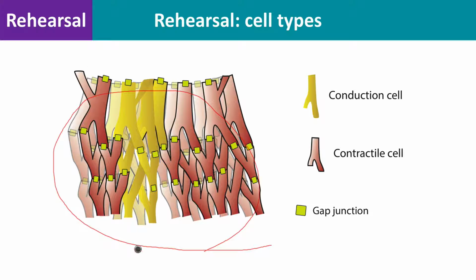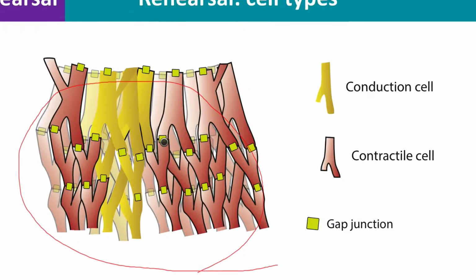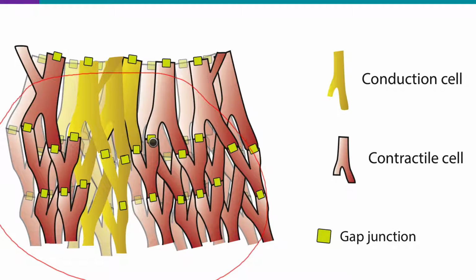As you can see, all of the cells in the heart are connected to each other through gap junctions. And these gap junctions are just tunnels between the cells. And these tunnels are made up of protein complexes, which allow for ions to move from one cell to the next, so that the electrical impulse can spread from one cell to the next.